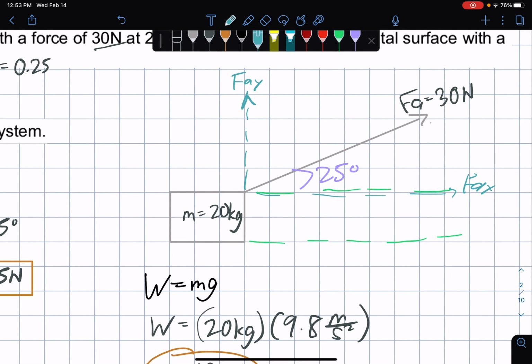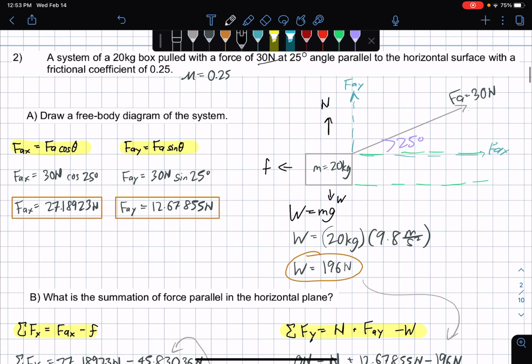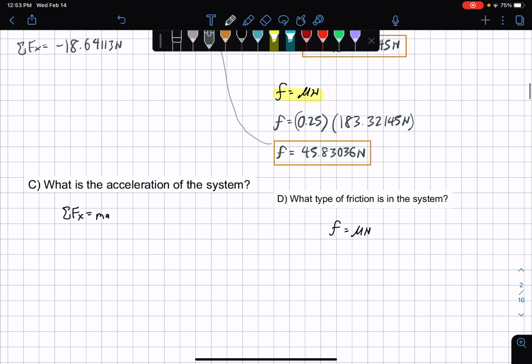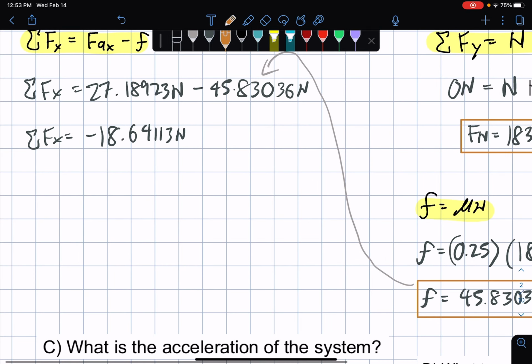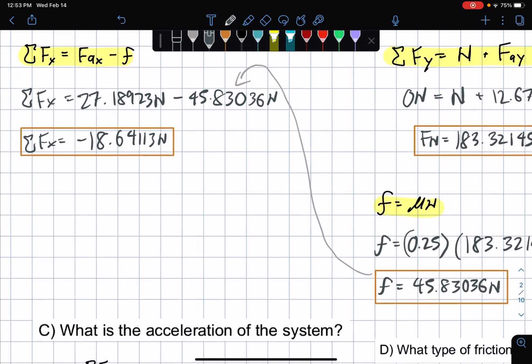By the way, I almost forgot. We put normal force. This is friction. This is weight. This is Fa. So we already found the value for summation of Fx. Definitely, the object is not moving. Although the value of summation Fx is not 0, it is negative.